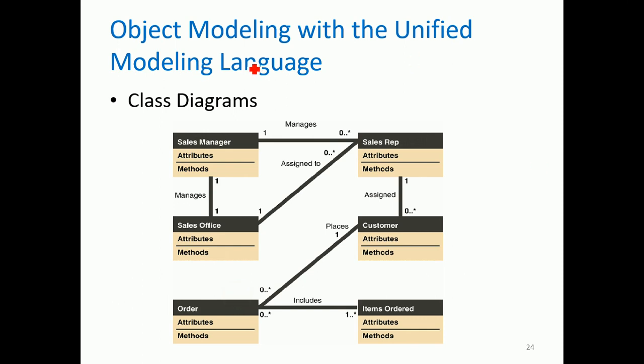So the identified classes are the sales manager, the sales rep, sales office rather, customer, order, and items ordered. And then the verbs used here depend again on the documentation, the step-by-step procedures, or the given context or situation. And then the cardinality is this: we have one, then zero and then asterisk, and then one and then asterisk.